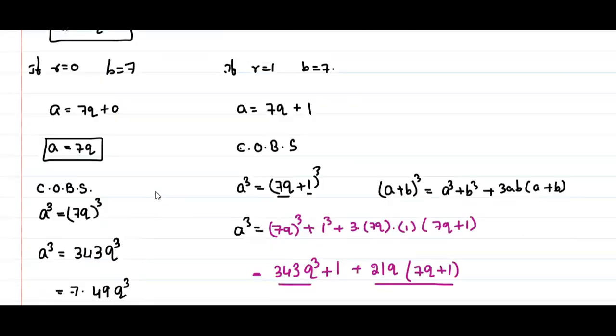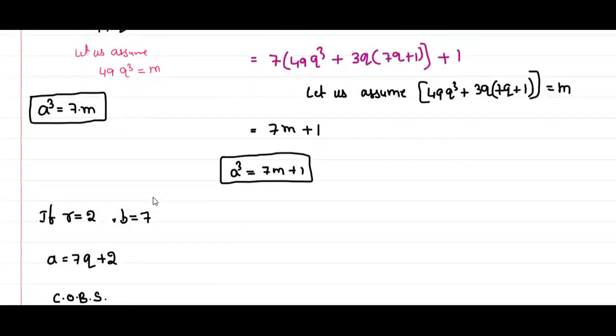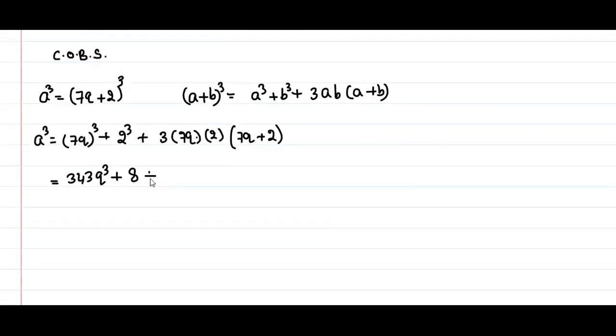So what is asked in the question? 7m plus 6 is the form he asked. So plus 3 into 7q, which is 21q, squared, into 2. We can do one thing here: 3 times 2 is 6, into 7q squared, times 7q plus 2.